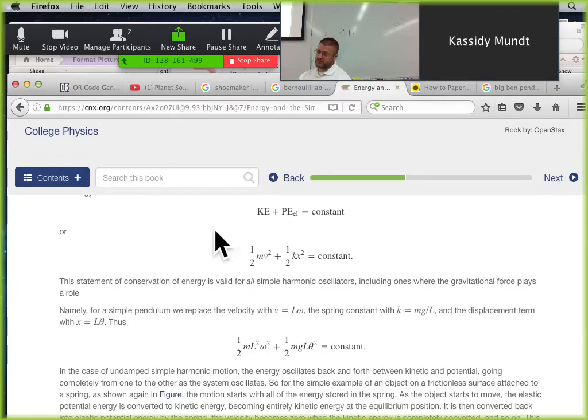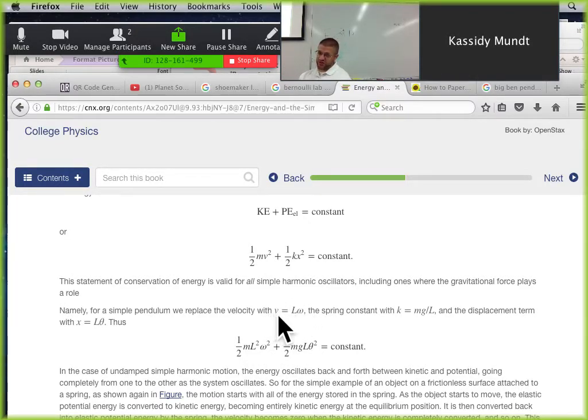I thought the k was mg over L, so how does it become mgl when you plug that in? That's little k, not big K. That's K, the spring constant, K for force. This is for velocity.